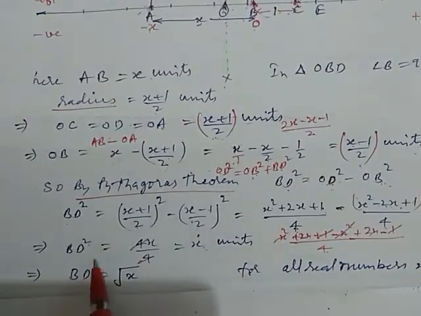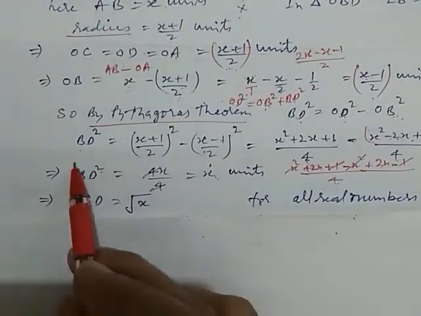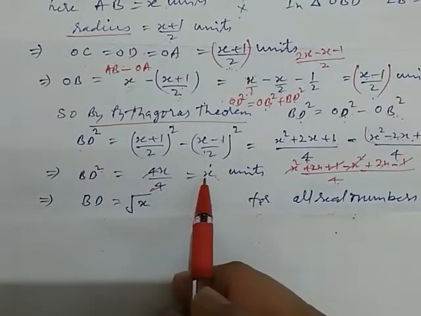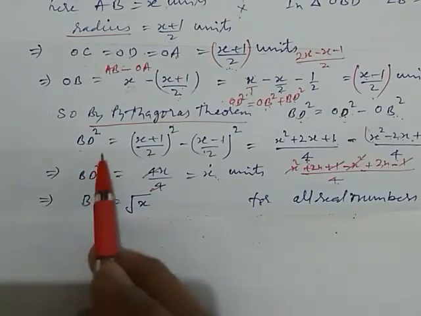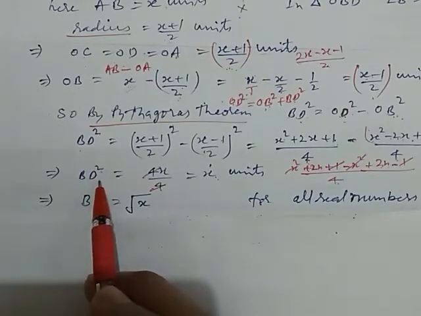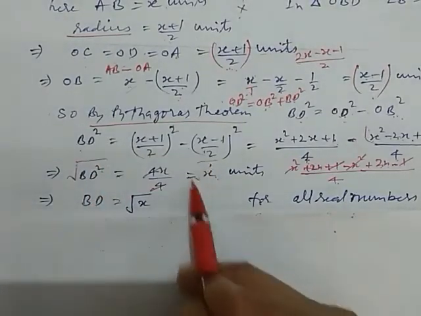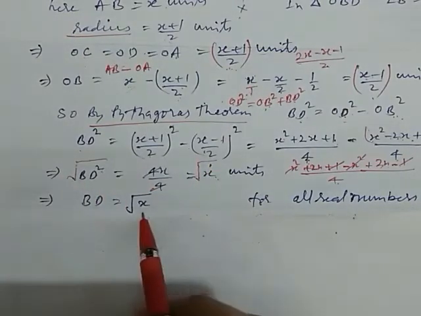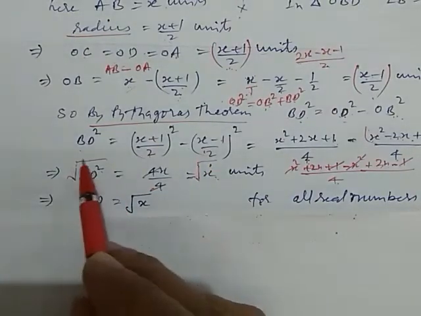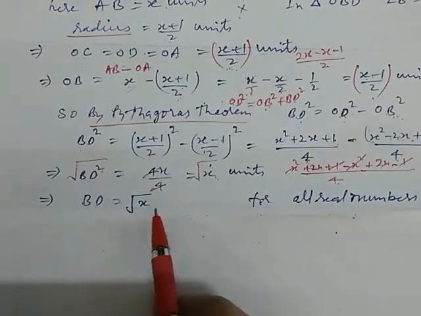Okay, so by taking the square root on both sides, what happened? If we take the square root of this, the square cancels out by the root here. This is the square root and this is the square root. So this way we get root x, and here the square cancels out by the root, so we get BD equal to root x.